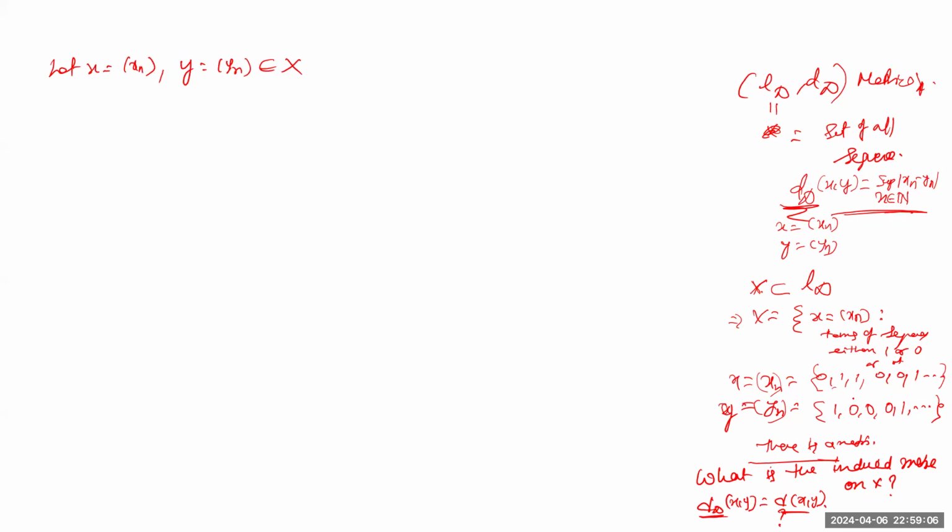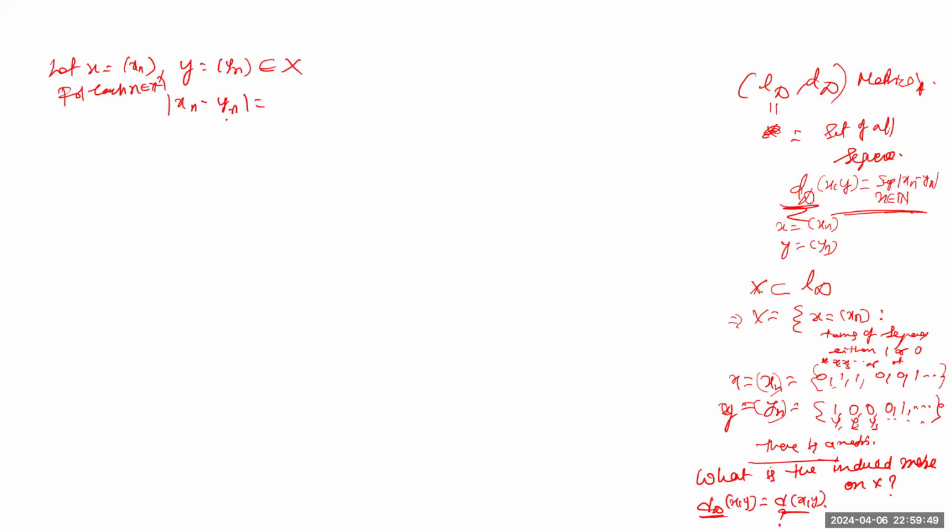Okay, so now this is x1, x2, x3, and so on. Here is y1, y2, y3, and so on. So I am going to calculate the distance, modulus x_n minus y_n, for each n belonging to natural numbers.